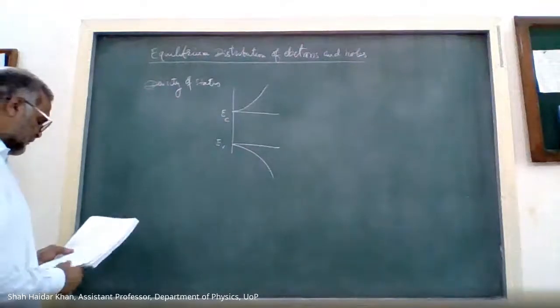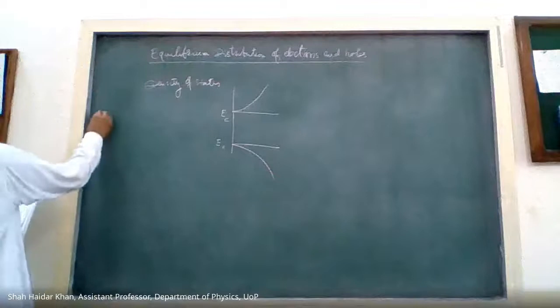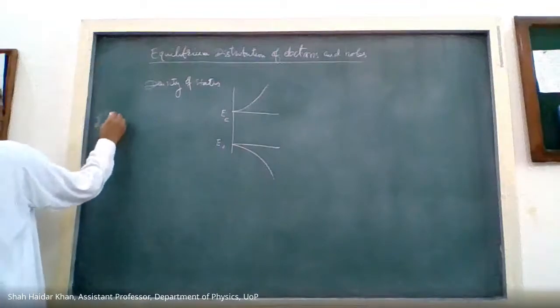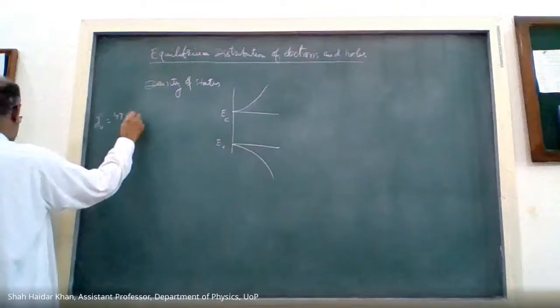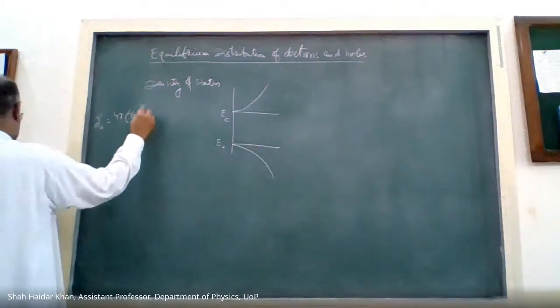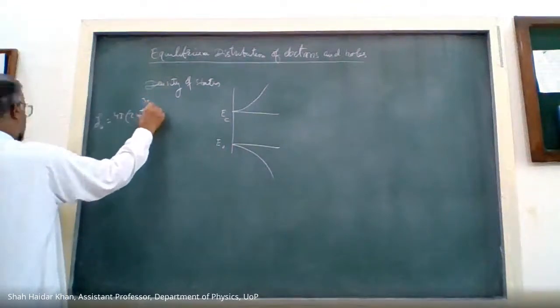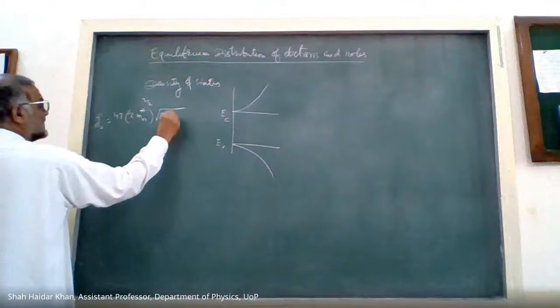So the density of states in the valence band was equal to 4 pi, m_n star, T over 2, E minus E.